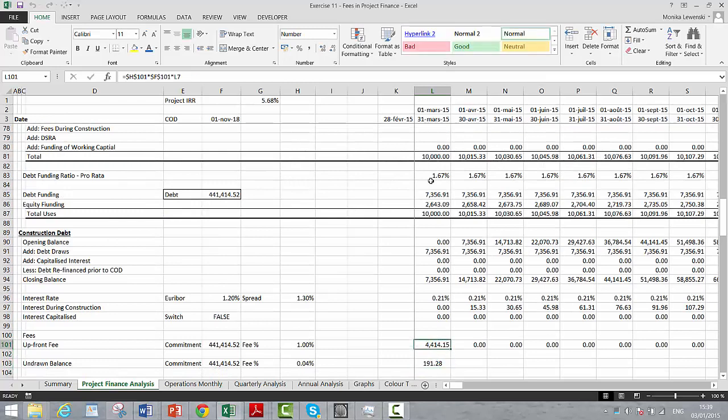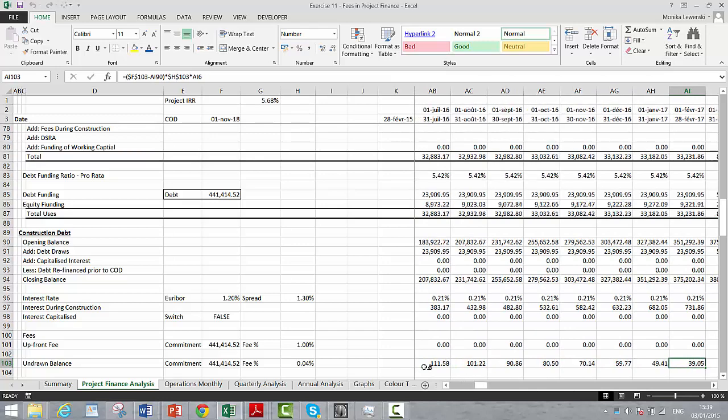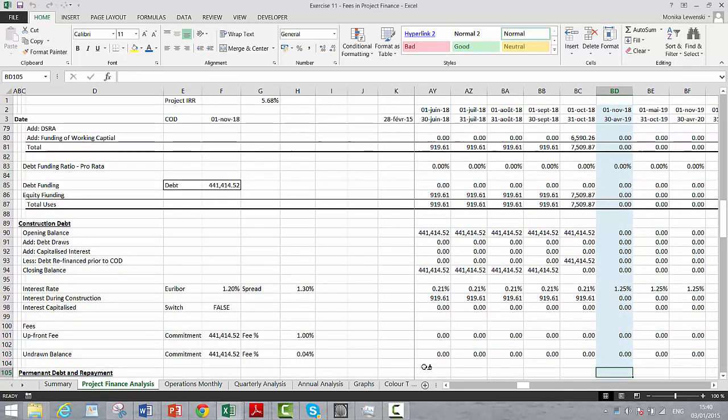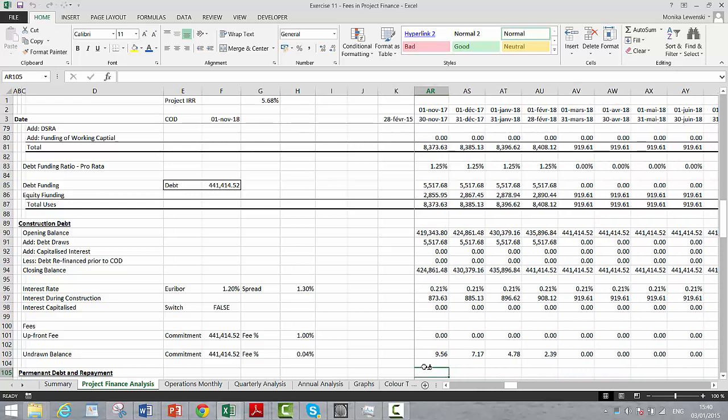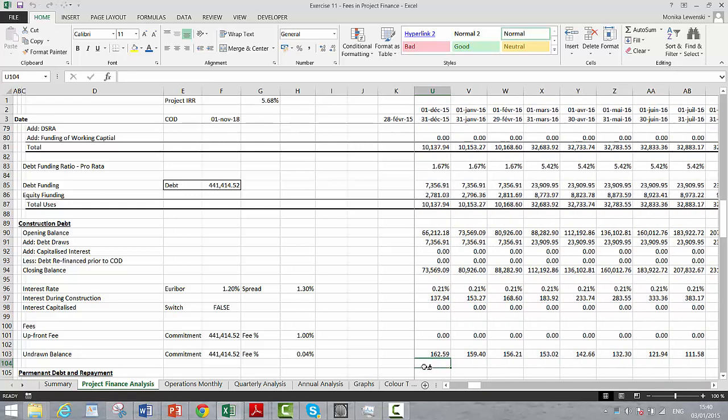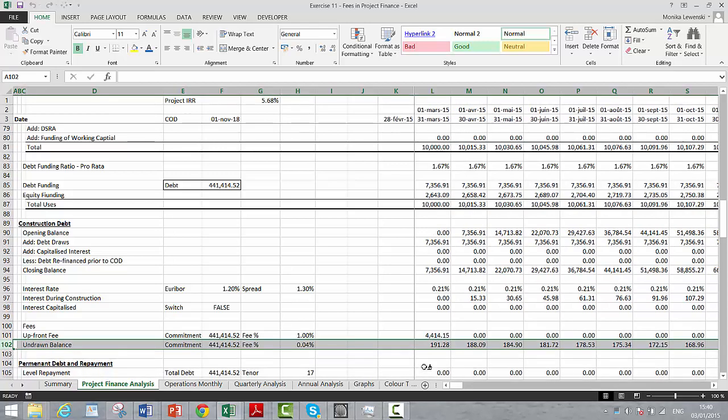Okay, Shift Control R, and that's our commitment fee, and the commitment fee eventually goes down. Hopefully it doesn't go below 0. I suppose it went to 0 once we fully borrowed the debt. So those are our two fees.